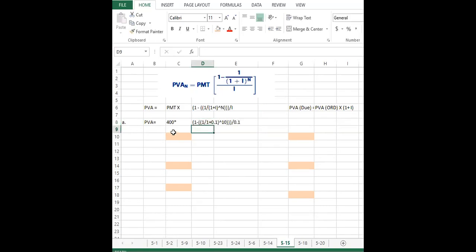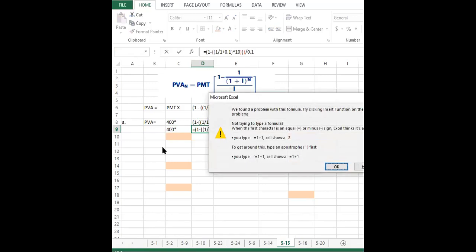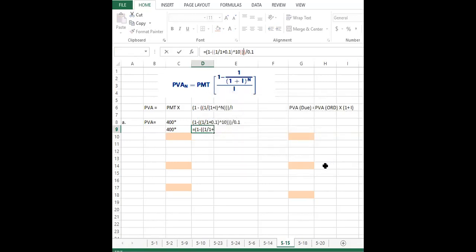Okay, so in the next step we have 400 and the factor. How much factor? It should be, there's some typo error. Let me check it first. A bracket was missing.